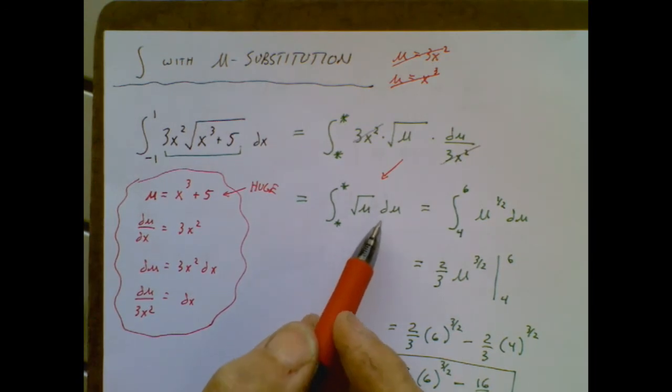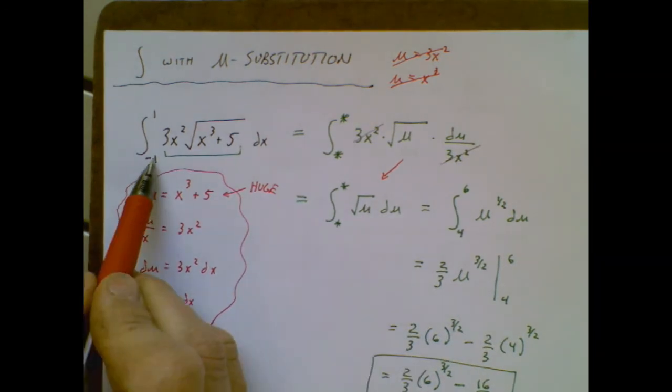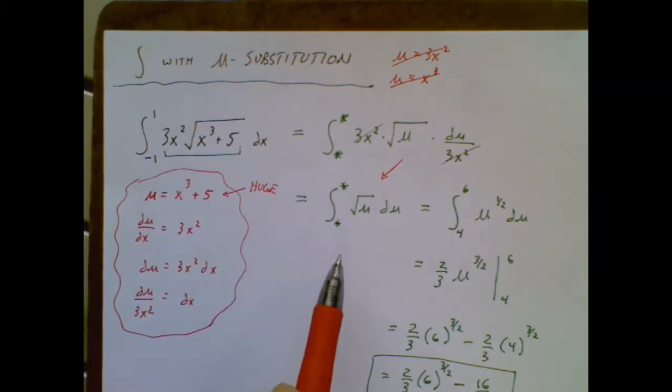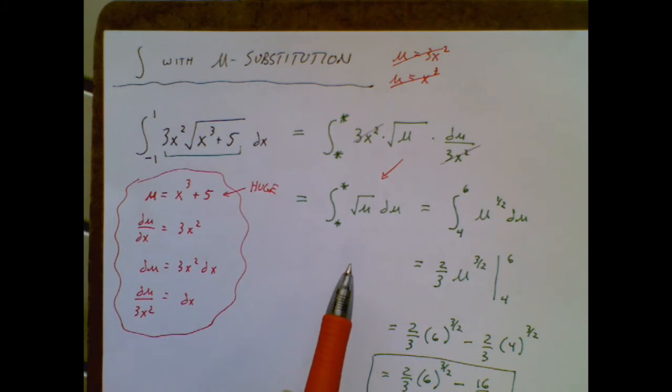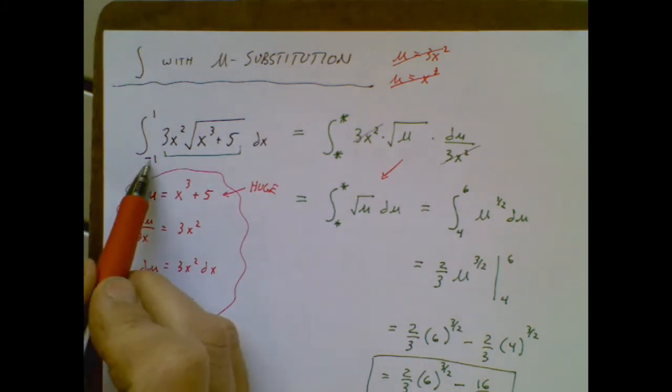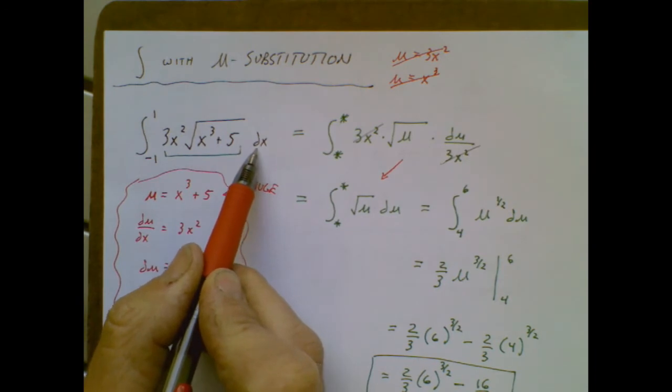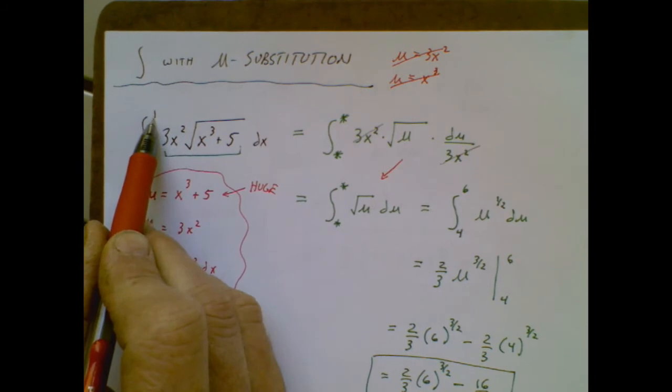Now let's backtrack a second. See my limits of integration, -1 and 1? Over here they've turned into asterisks. So what the heck? Here's what. The -1 and the 1, remember, they have a relationship with the dx. They say, I'm going to travel along the x-axis from -1 to 1.